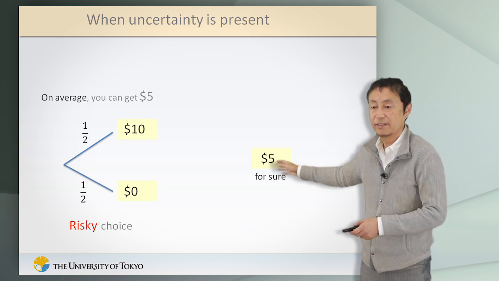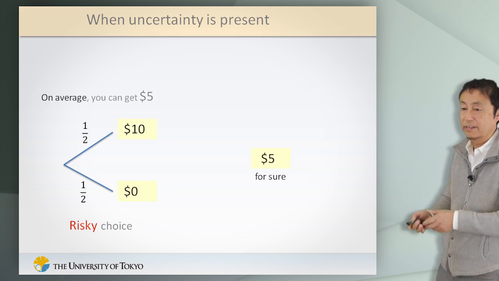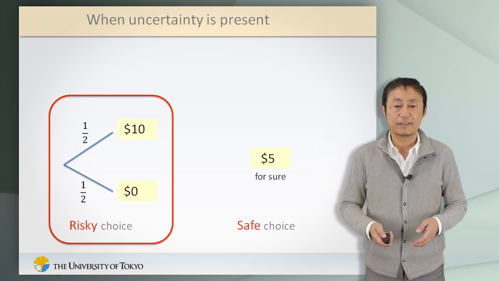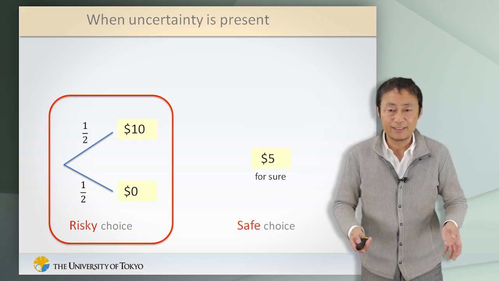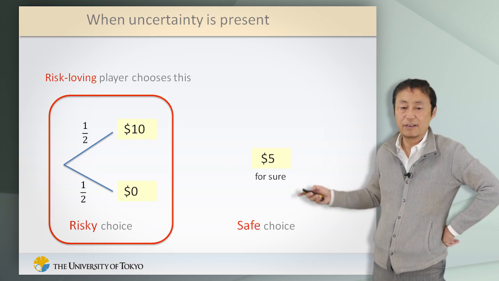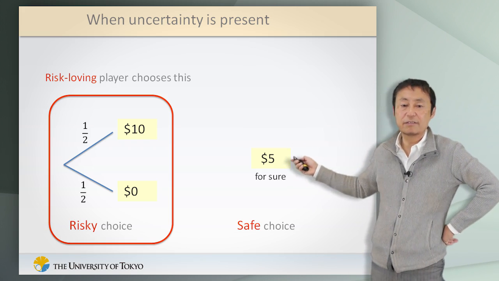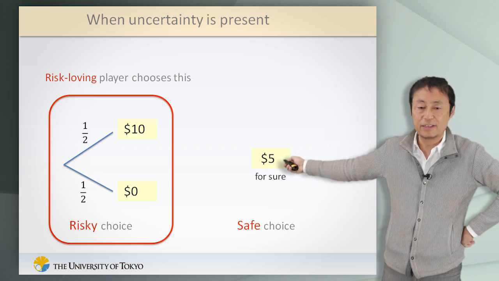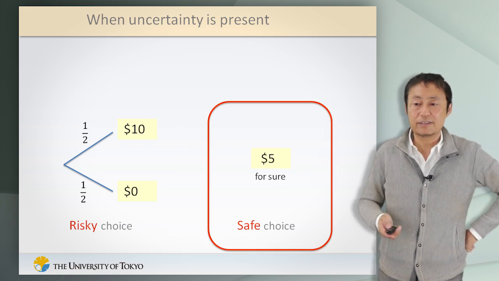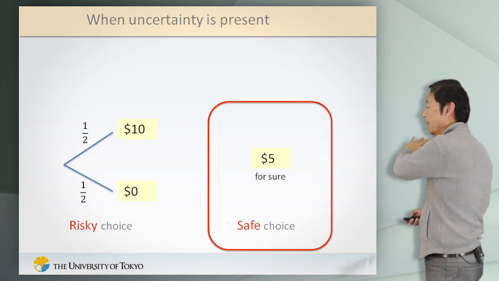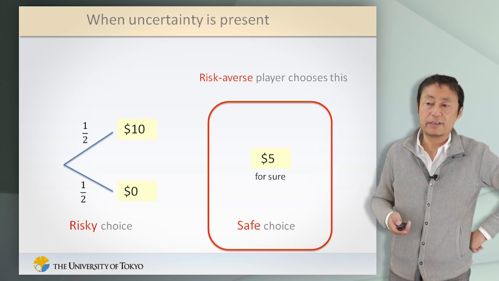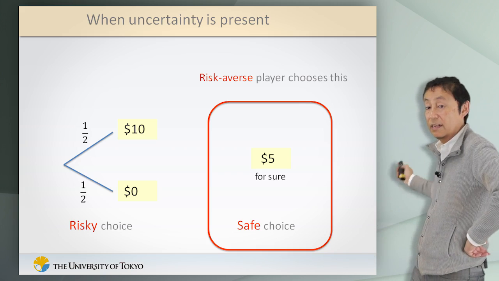The lottery has some risk, and this choice here doesn't have any risk. It's a safe choice. If you like risk, if you are a gambler, it's more fun to play this lottery, so you may choose the risky choice. Risk-loving people, gamblers, may choose this lottery. But if you are conservative or cautious, you may like the other choice, the safe choice. So risk-averse players choose the second choice.